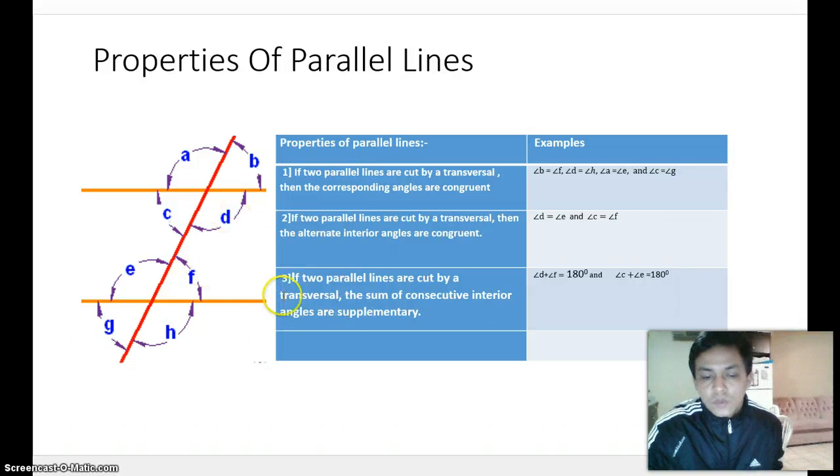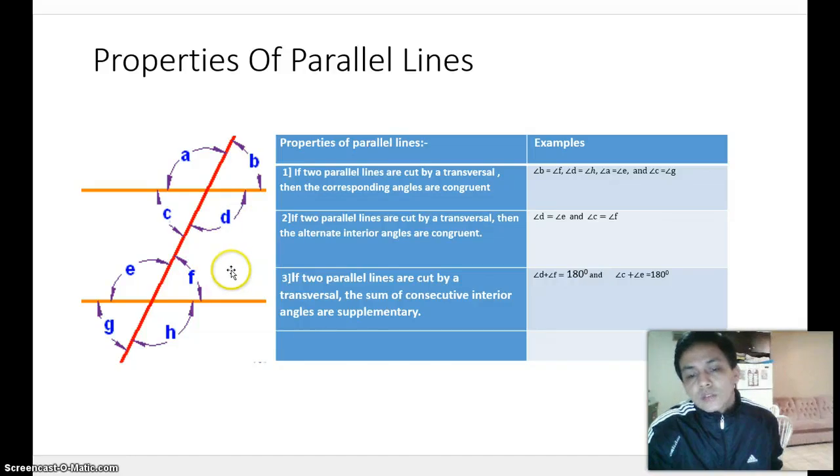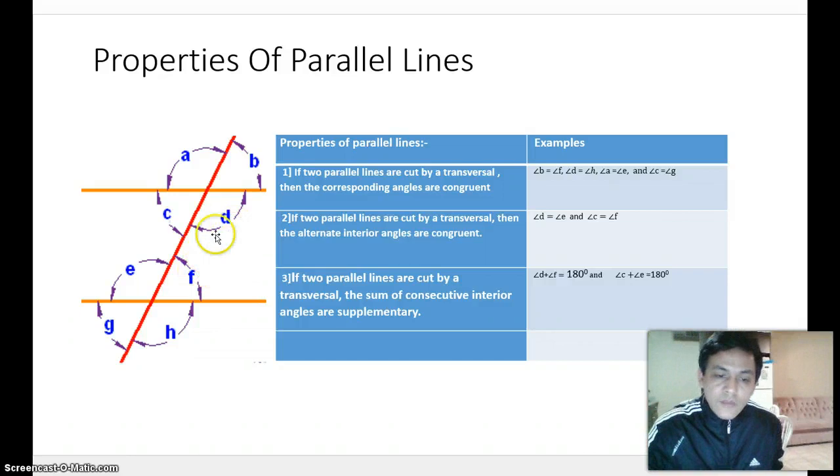The meaning of supplementary is that if the sum of two angles is 180 degrees, then they are called supplementary. So angle F plus angle D should be equal to 180, and angle C plus angle E should be equal to 180. Then these two lines are said to be parallel lines.